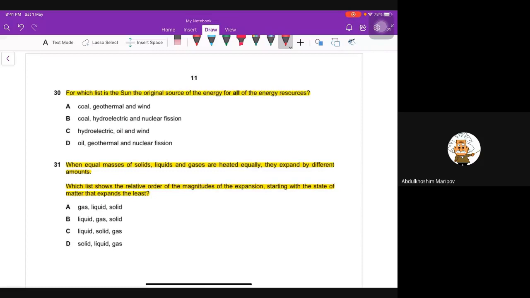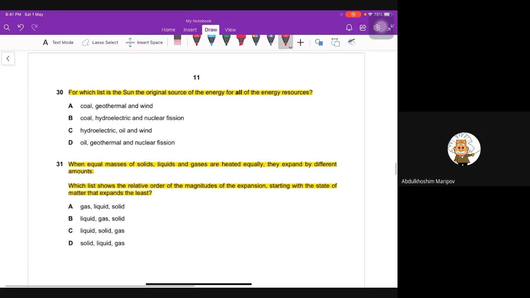For which list is the sun the original source of the energy for all of the geothermal resources? Okay. Now, there were three that don't come from the sun. So the sun is not the source for three energy types: geothermal, then nuclear fusion, then tidal, right?